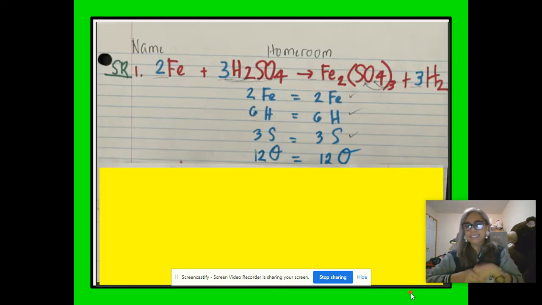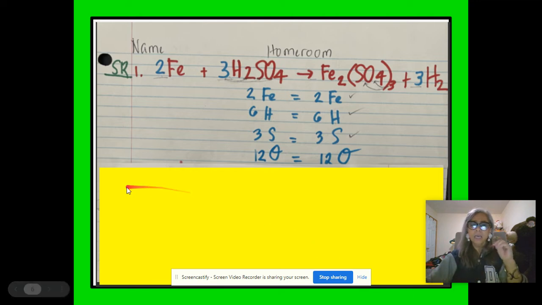Now, let's delve into the first problem here. Initially, you have here Fe plus H2SO4 to yield or to produce Fe2(SO4)3 plus H2.